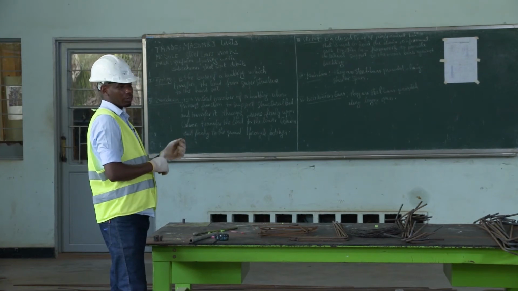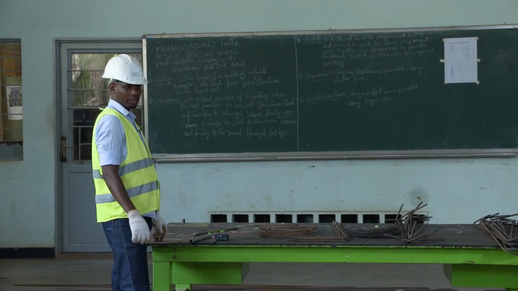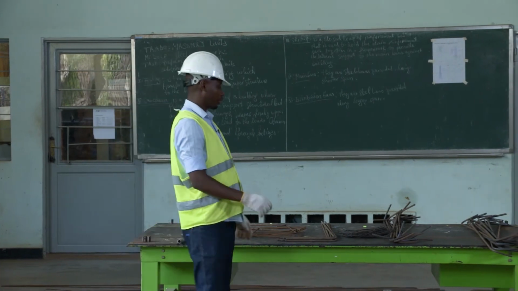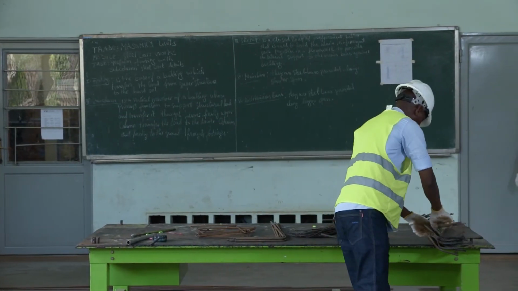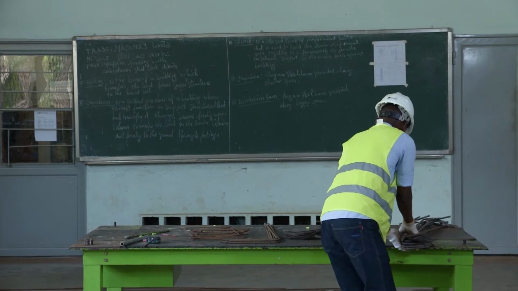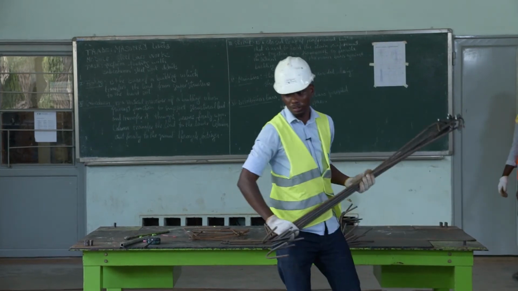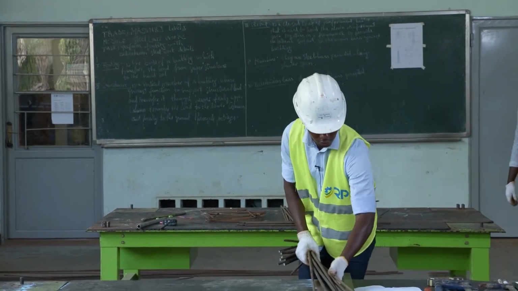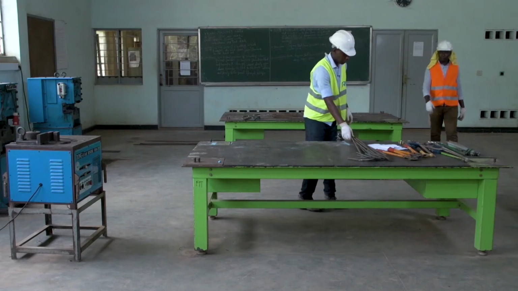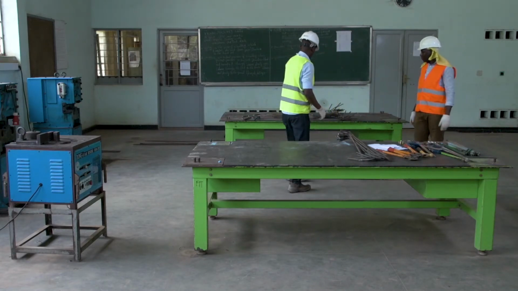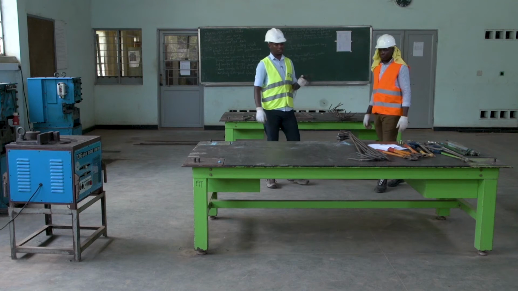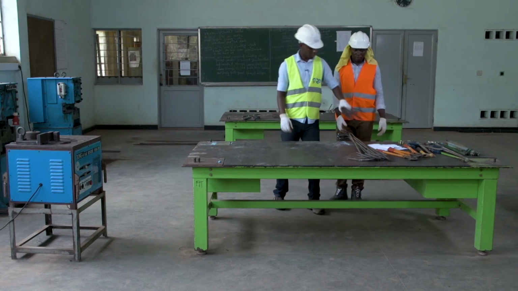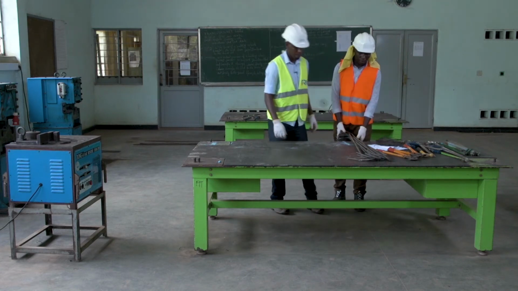We'll start on the main bar. So let us start. These are the main bars. And then remember, we'll use this binding wire to fix these steel bars.